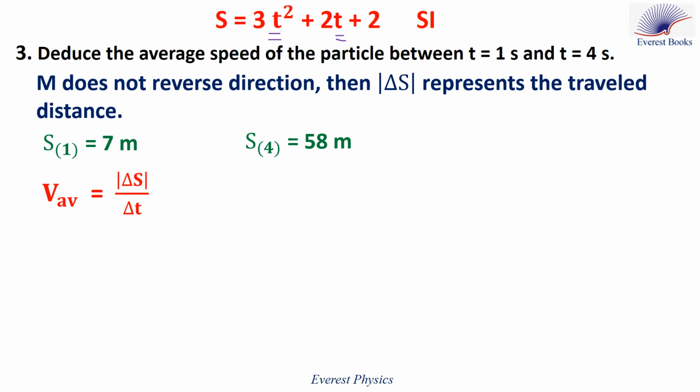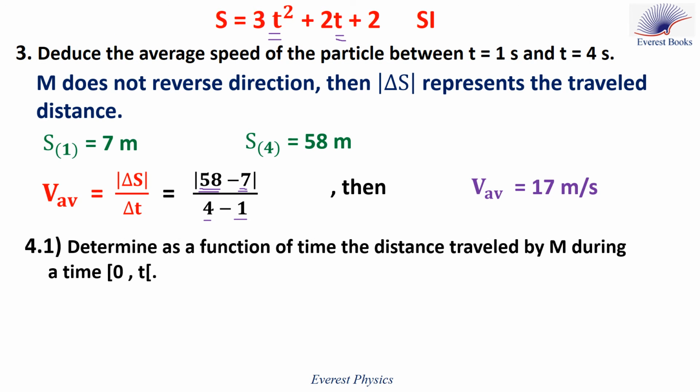The traveled distance is the absolute value of delta s, which is the absolute value of s at time 4 seconds minus s at time 1 second. Delta t equals t final minus t initial. Therefore, the average speed is 17 meters per second between these two instants.